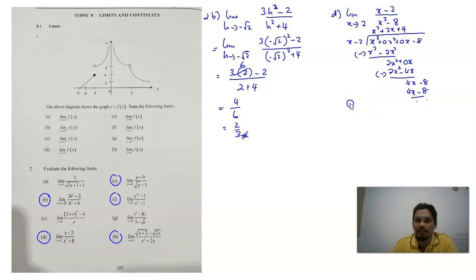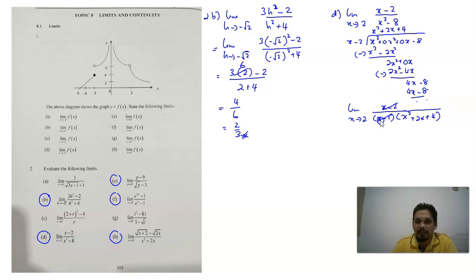Okay, so now the limit of x approaching 2 of (x minus 2) divided by (x minus 2), of course, times (x squared plus 2x plus 4).